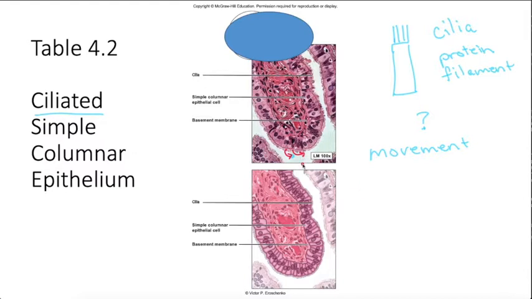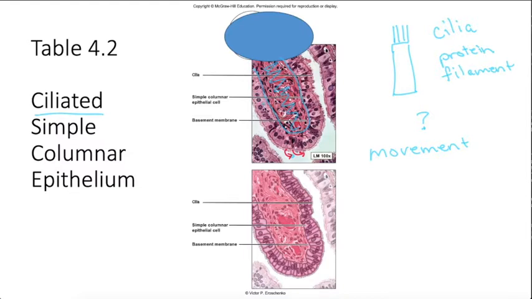So you're going to find simple columnar epithelium in places where you need to move something through a passageway, for instance, like a hollow organ. Just to orient you a little bit more, neither blue nor red shows up terribly well. In this case, this is the basement membrane right here. All this junk is connective tissue, we can ignore it.